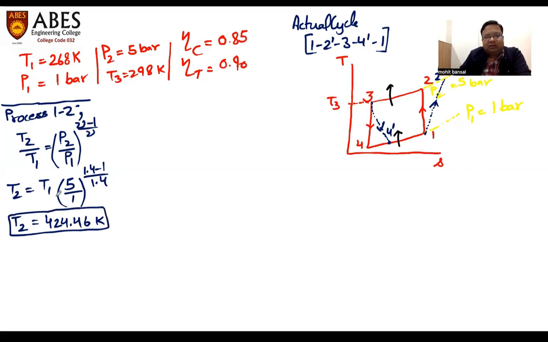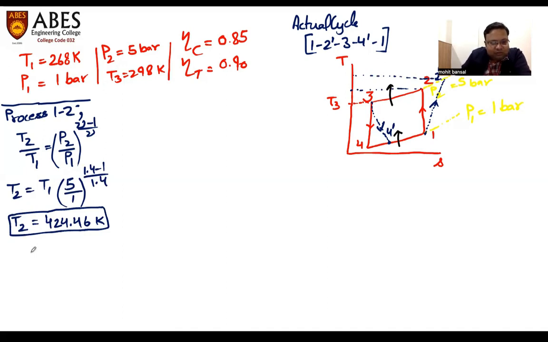Now, the actual cycle is not 2, we have the actual cycle at T2 dash. We are not very much concerned with the temperature T2; we have to find out the temperature of the actual cycle, that is T2 dash.